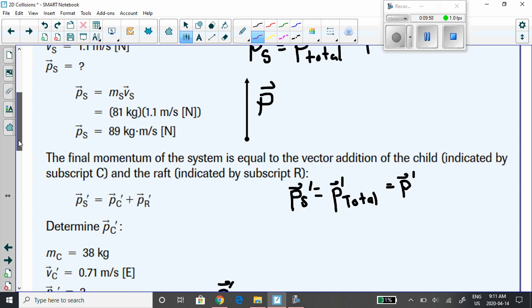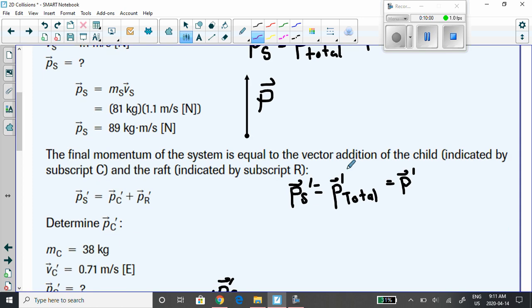The final momentum of the system is equal to the vector addition of the child, indicated by the subscript C, and the raft, indicated by the subscript R. So they're saying that the momentum of the system during the walk is equal to the momentum of the child during the walk plus the momentum of the raft during the walk. Now remember, the momentum of the system during the walk is just the total momentum afterwards, so don't let that confuse you.